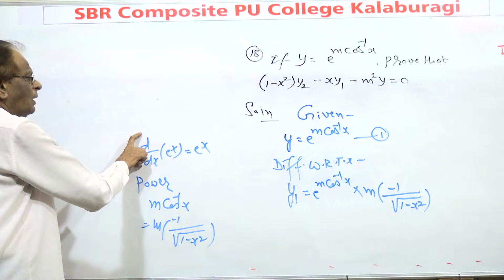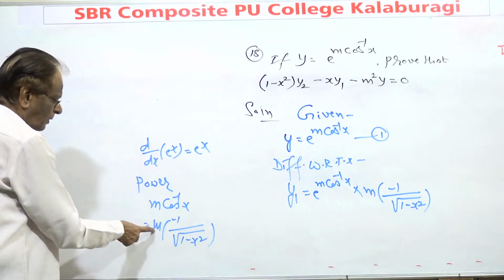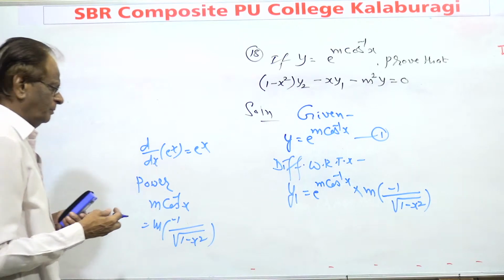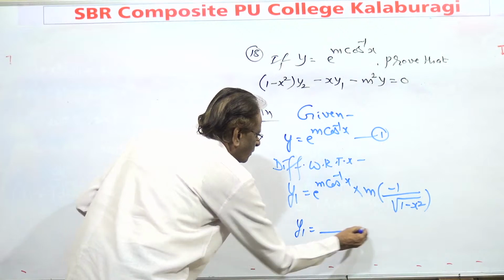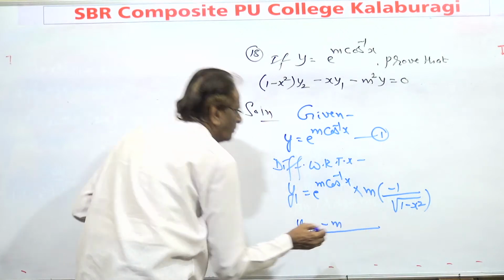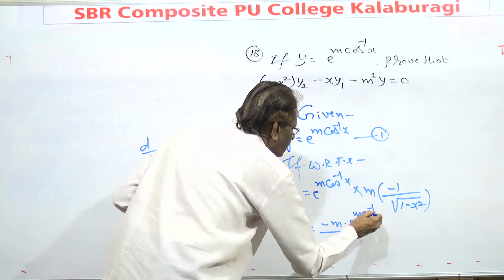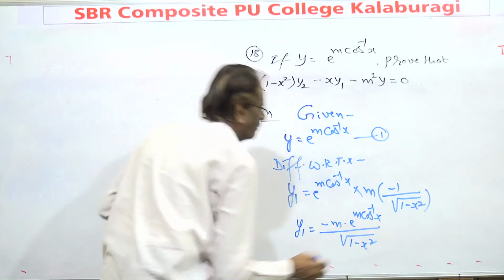By this formula, first as it is, then differentiate power. Power m constant, differentiate cos inverse x. y1 equal to minus m e to the power m cos inverse x by root of 1 minus x square.